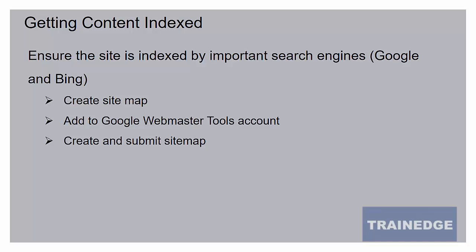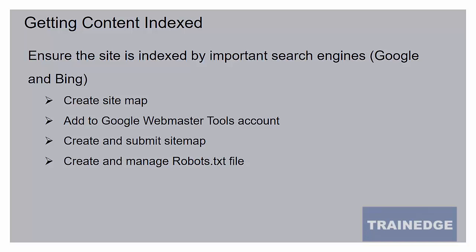So once you create and submit the sitemap, it helps Google find pages on your site and crawl and index them. You can control the crawling on your site through the robots.txt file. It is a file on your website, a text file that controls what Google or Bing bots can do on your site.